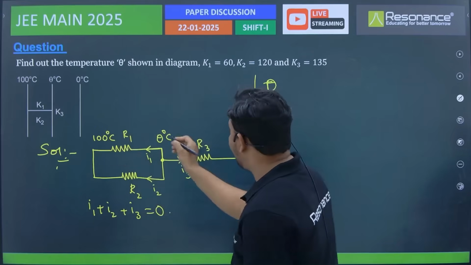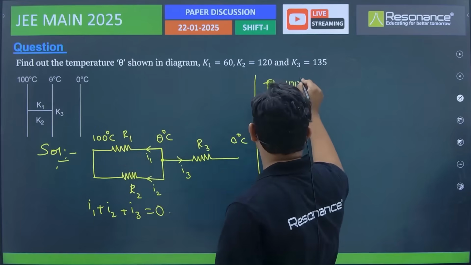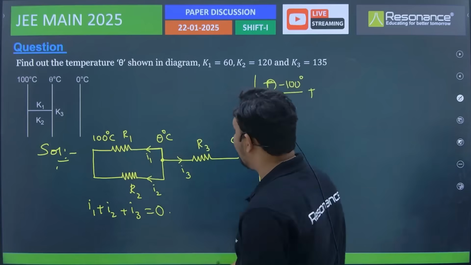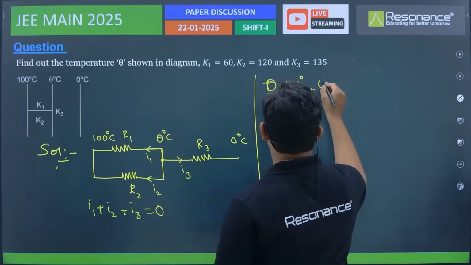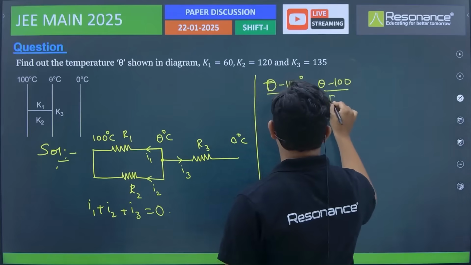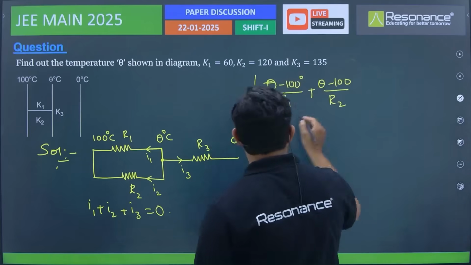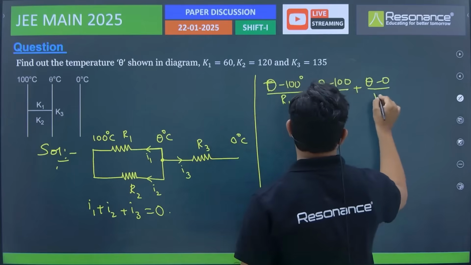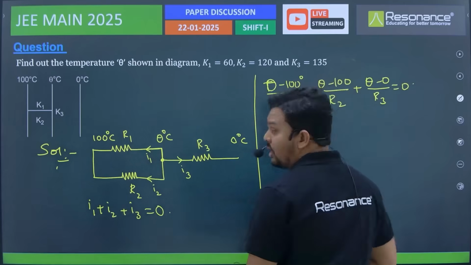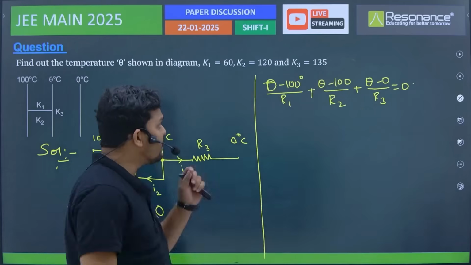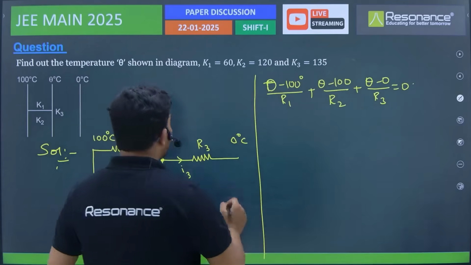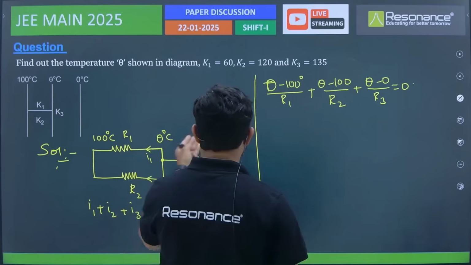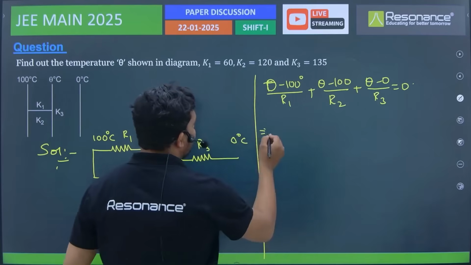So I would like to take theta minus 100 degrees whole divided by the resistance R1, plus for the second case, again theta minus 100 whole divided by the resistance R2. And then finally I can take theta minus 0 whole divided by resistance R3, equals 0. So theta is nothing but the temperature which we need to find out: theta minus 100 by R1, theta minus 100 by R2, theta minus 0 by R3. Okay, great.